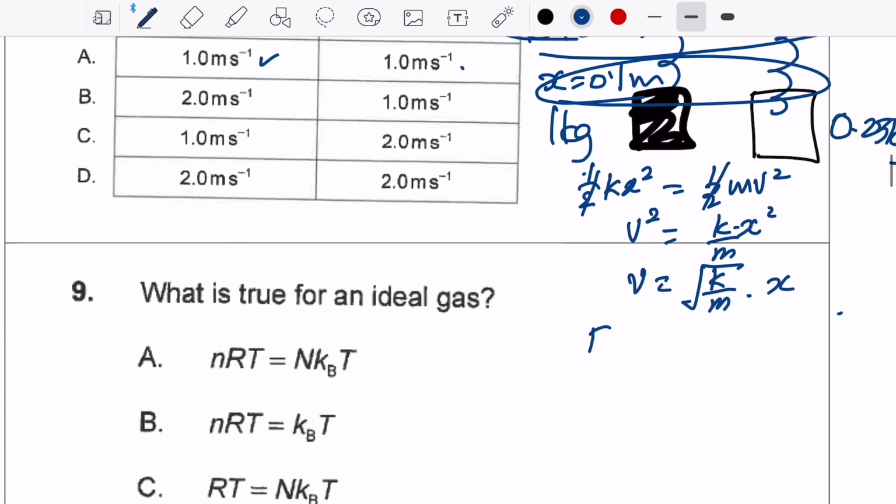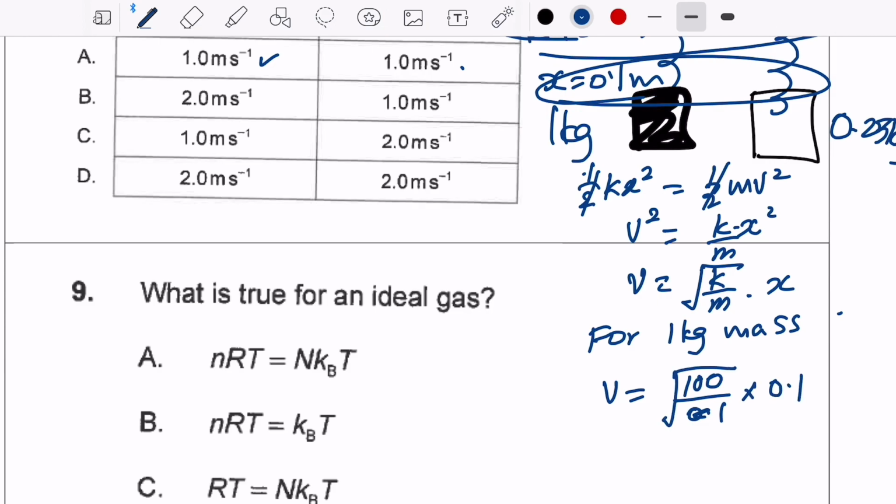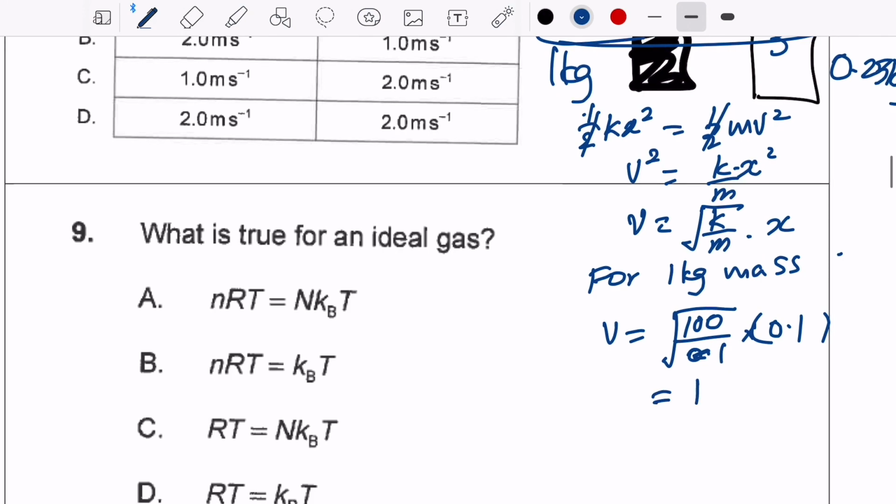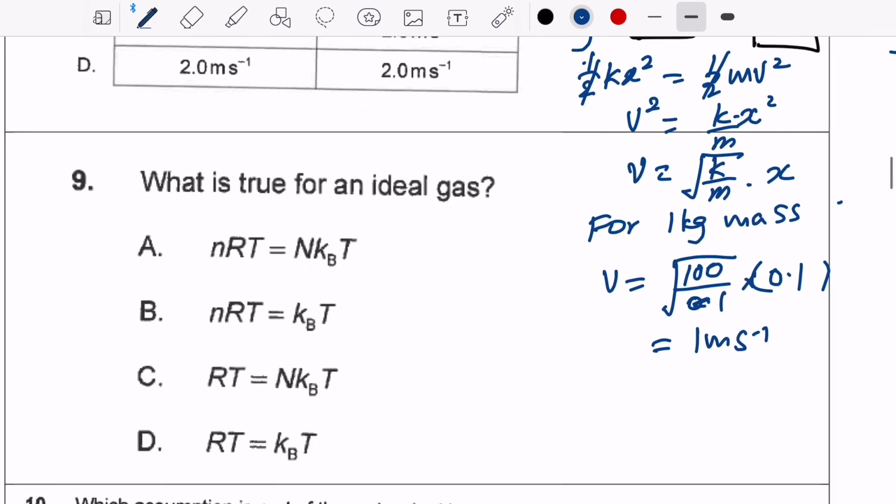Now for the 1 kilogram mass, I substitute values. K is 100, for 1 kilo mass is 1, times 0.1. This is in the square root, this is outside. If you look at this one, you will get 1 meter per second.